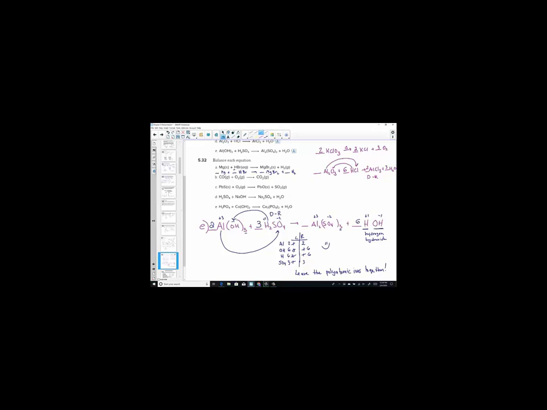I'll start by placing a 2 in front of the HBr. And you know what we've done? We've balanced. When you look at your T-chart, the magnesiums, the H's, and the Brs. There's 1 magnesium. Perfect. There's 2 H's. Oh yeah. And 2 Brs. A 1 to 2 to 1 to 1. Balanced.